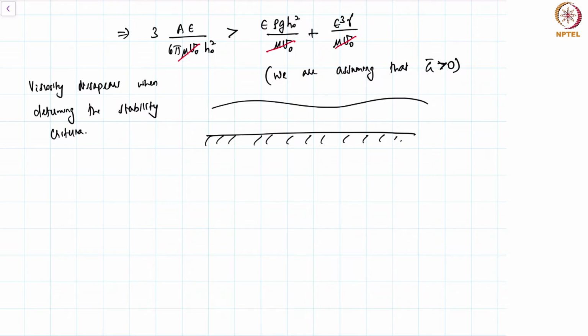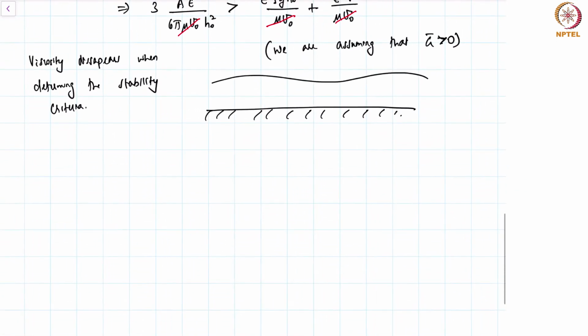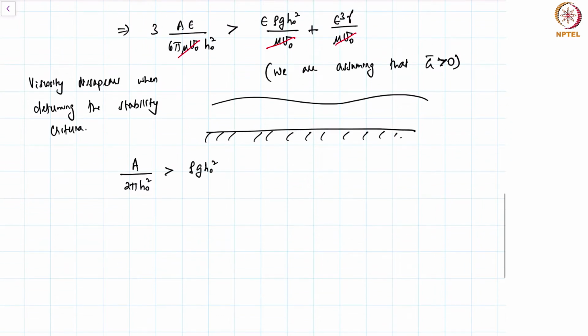We have A by 2 pi h naught square has to be greater than rho g h naught square plus epsilon square gamma. Just like we had done in the previous lecture, we define epsilon as h naught by L, which is h naught by lambda or h naught by k, all of them are the same.